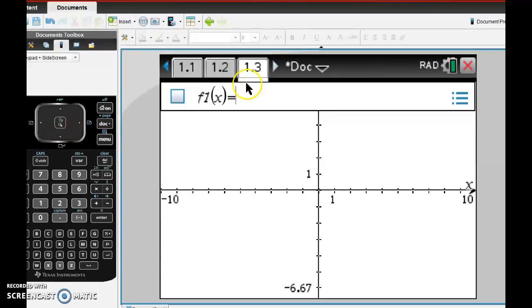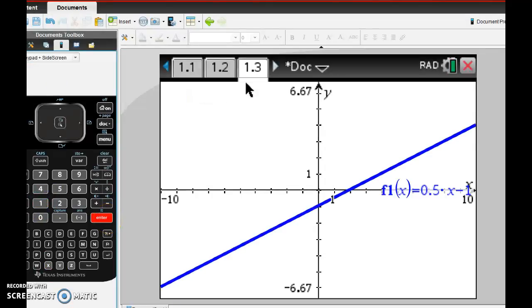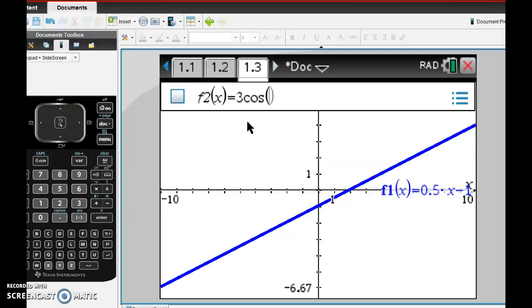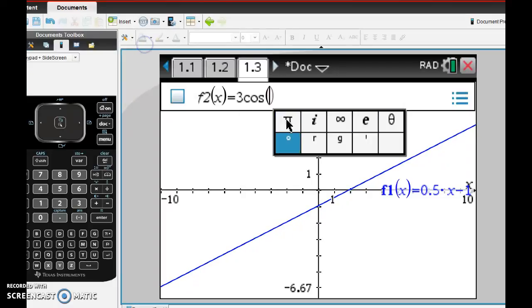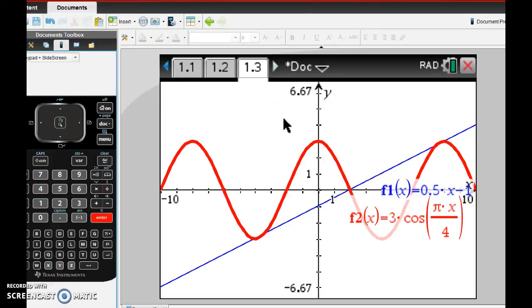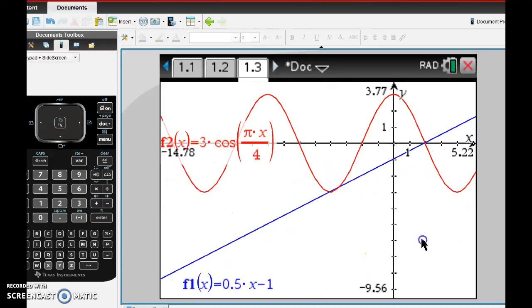Graph 0.5x minus 1, there's the linear equation, and then 3 cosine of pi x divided by 4. So there we go.